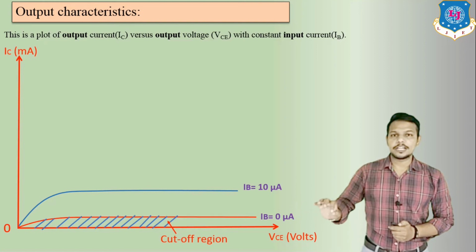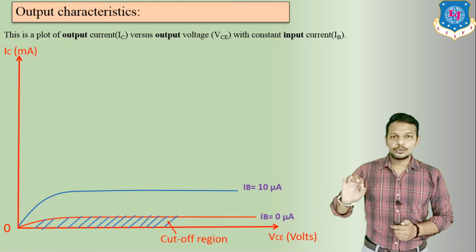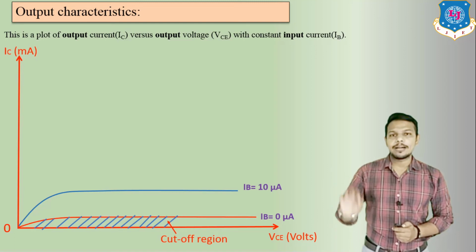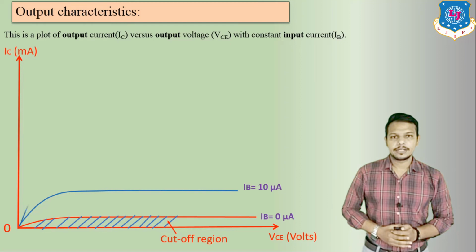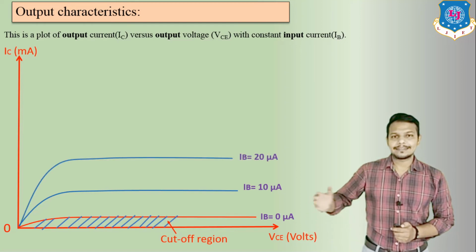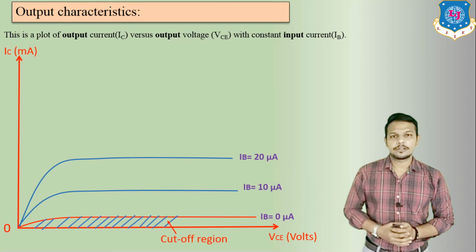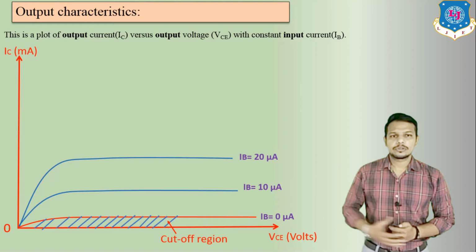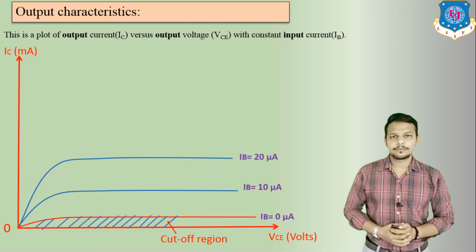If you change the base current's value, then you will get different values of IC. Here IB is equal to 10 microampere, and at this time your IC is equal to 1 milliampere.